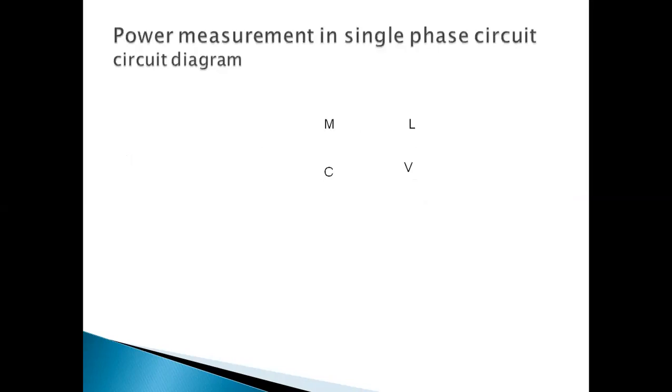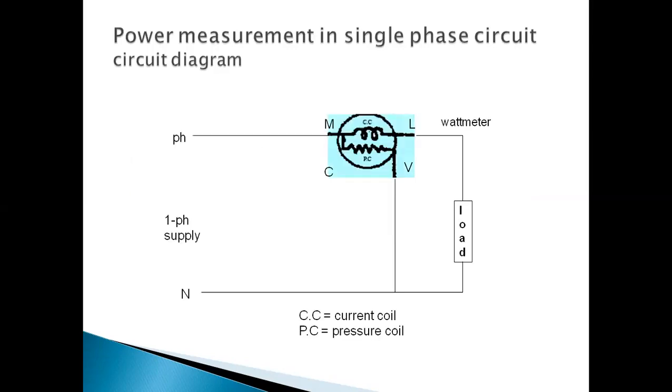Let us see the circuit diagram of power measurement in a single phase circuit. In a single phase circuit, we are going to have a phase and a neutral. Now, to the supply, we have a load connected to it. We have to connect the wattmeter to the circuit.